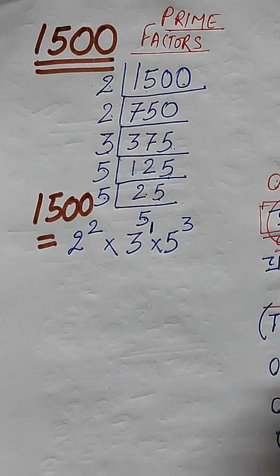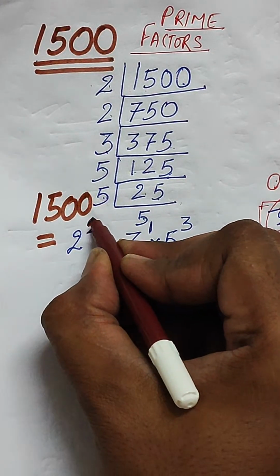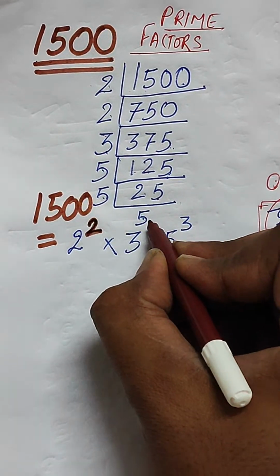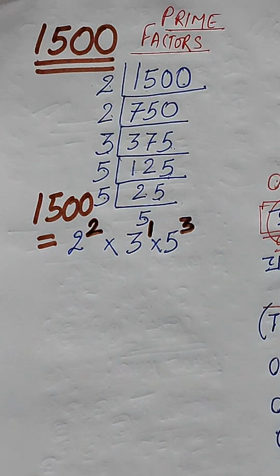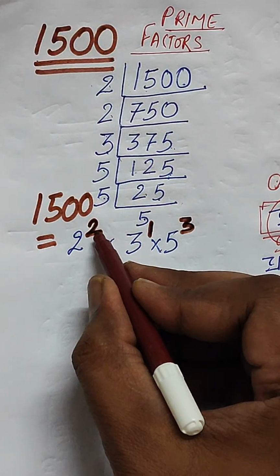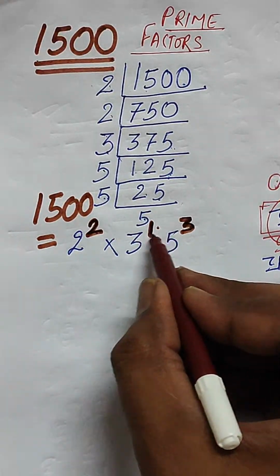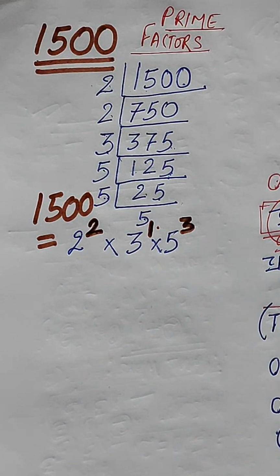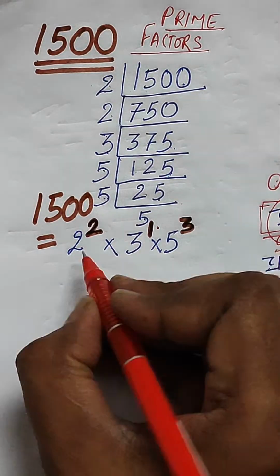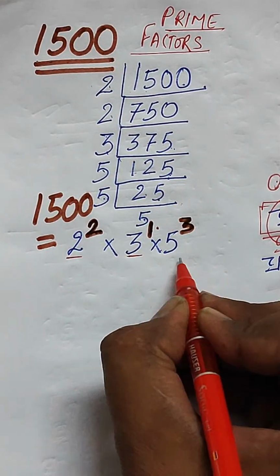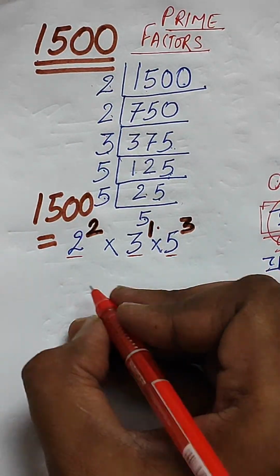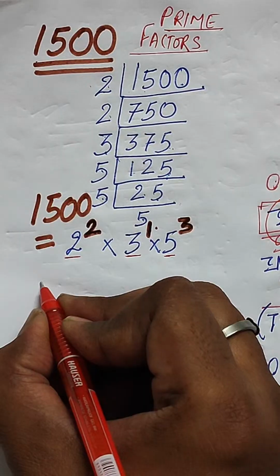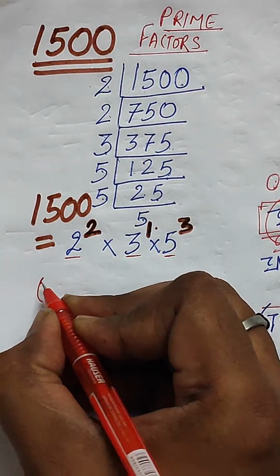The main thing which we need to understand is the exponents of these prime factors. The exponents are 2, 1 and 3, and the prime factors are 2, 3 and 5. In this case the total number of factors can be given by the formula.